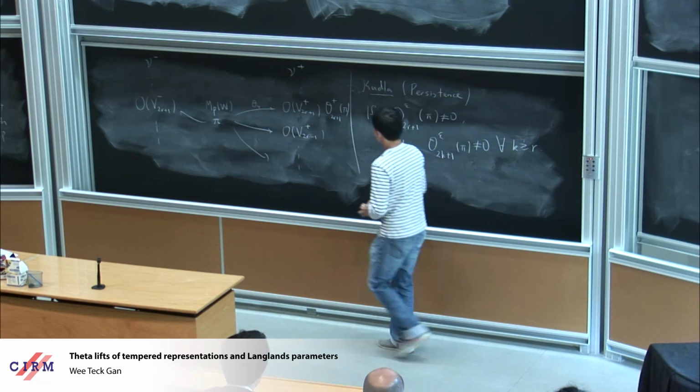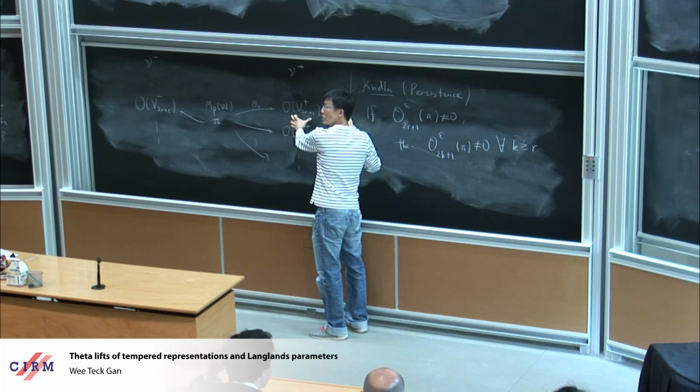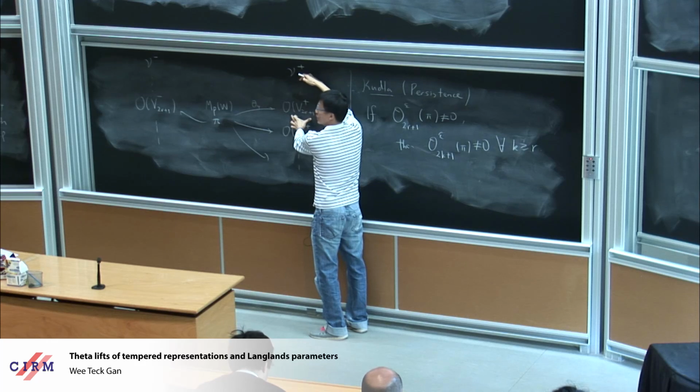In other words, suppose you know that the theta lift of pi to this group is not 0, then as you go up to bigger and bigger groups here, the theta lift continues to be not 0.